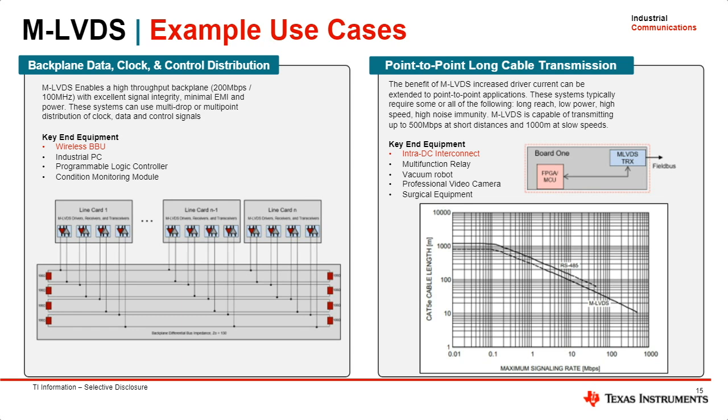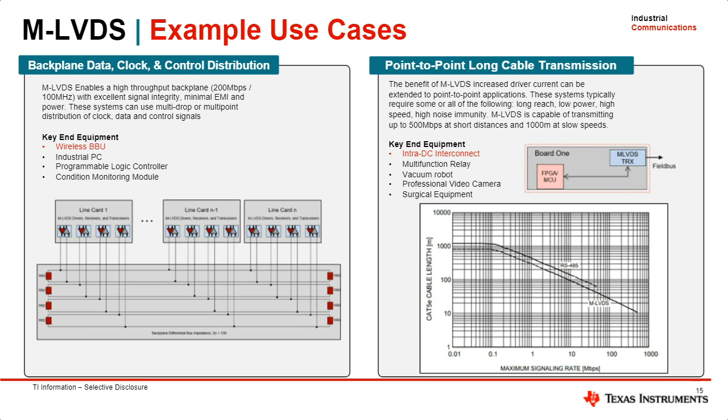MLVDS is capable through the electrical specification of having 32 drivers or 32 transceivers communicate on a single bus. So typically this will be in a backplane configuration. However, it's also used for point-to-point communication.